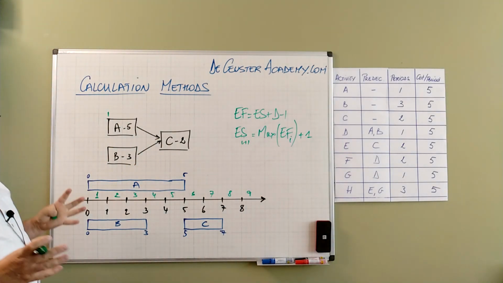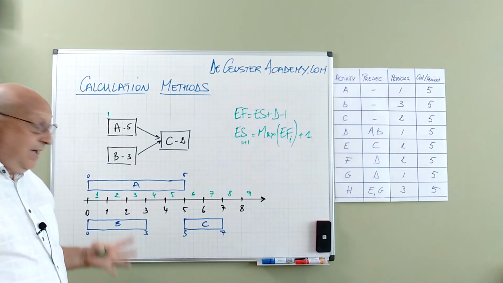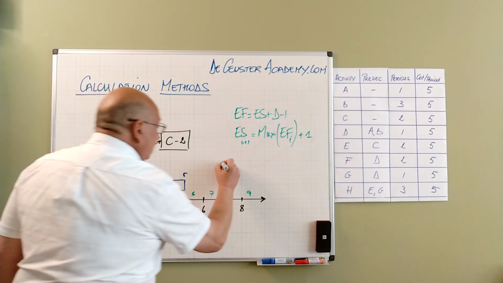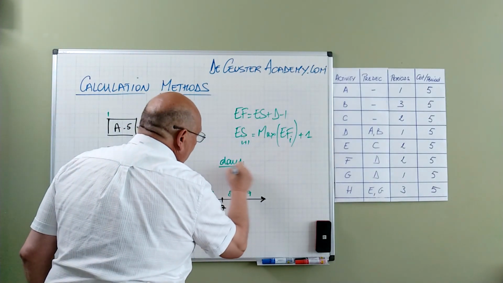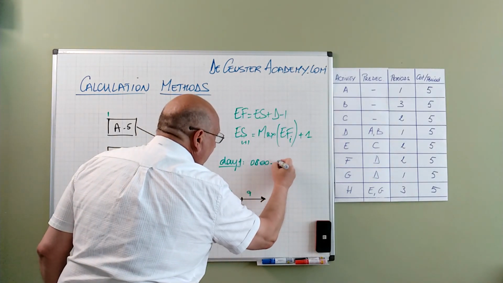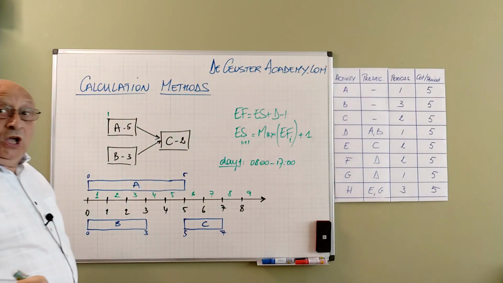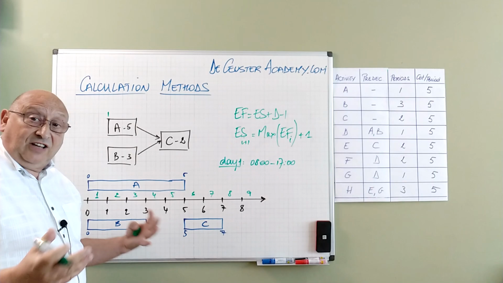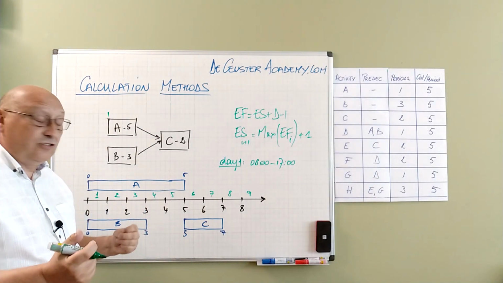And you have to consider that these are basically, for example, days. And day 1 starts from 0800 hours in the morning till 1700 in the evening. The day ends at 5 o'clock, starts at 8 o'clock, finishes at 5 o'clock, for example.